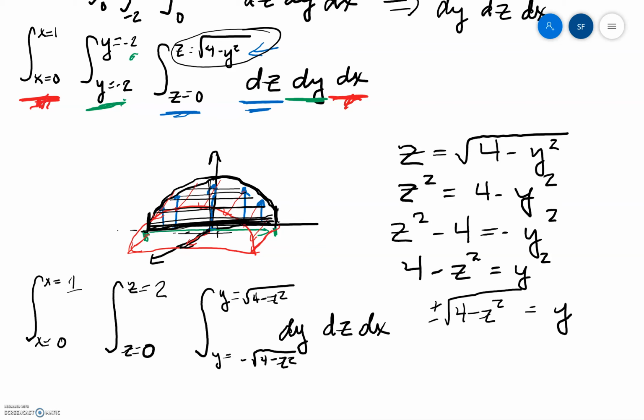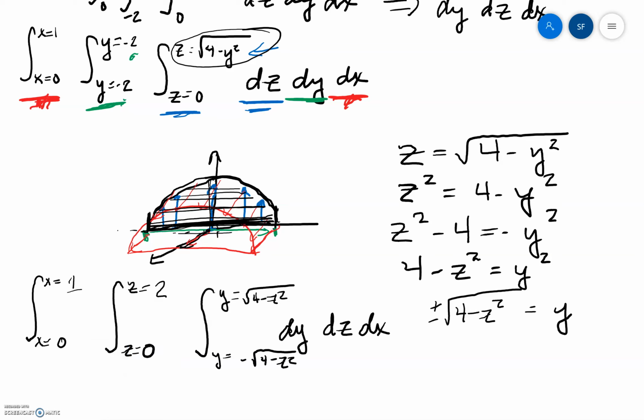Another good check is that since we did y on the innermost, my limits here cannot be in terms of y, because we're already done with y.